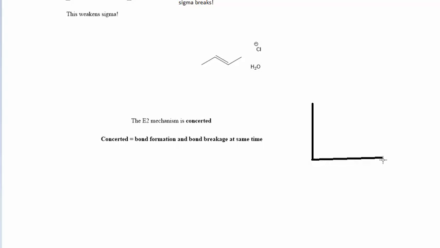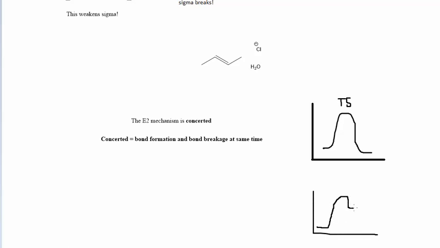So if we had a reaction coordinate that looked something like this, you of course know your reactants over here and your products over here, but at the top of this hill is your transition state. Now, if you have something like this, this is a transition state, but this little valley here is an intermediate.